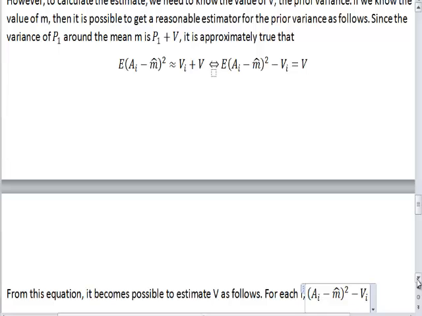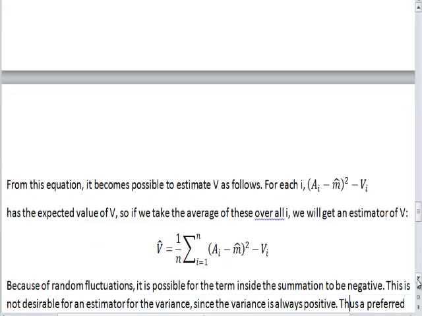So I subtract the one part, which is Vi, which is coming from the variance around theta I, and that leaves me with V, which is the variance of the prior. So AI minus M hat squared minus Vi is an estimator of V.